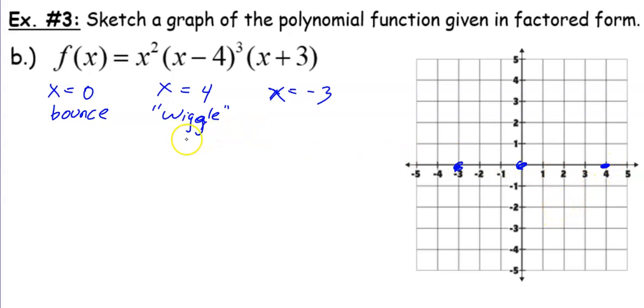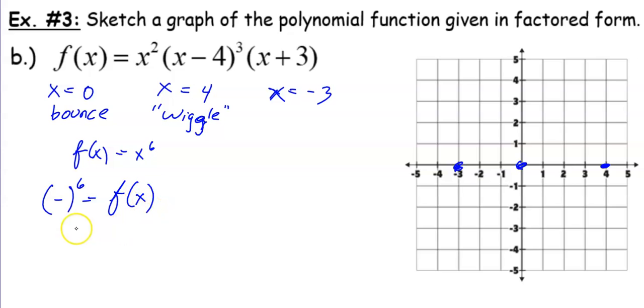Well, where do we start? As we said, we're going to have an f of x equals an x to the 6th situation. It's 2, 5, 6. So when we have a negative and I raise it to the 6th power, we're going to get a positive f of x.